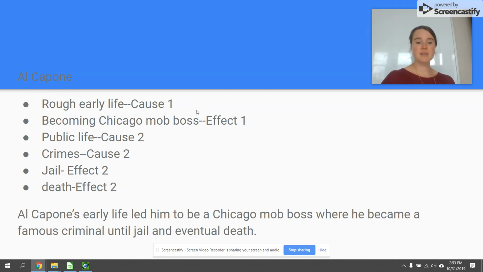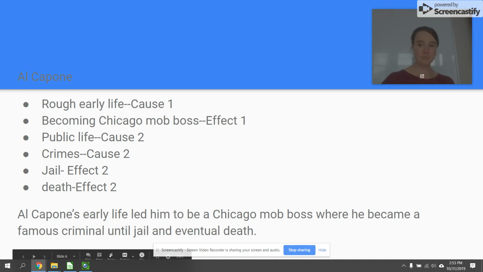So this caused this, but him being a Chicago mob boss also led to him having a very public persona. It led him to commit various crimes, which then eventually led to his jail and his death. So this caused these two things, which caused these two things. Al Capone's early life led him to be a Chicago mob boss, where he became a famous criminal until jailed and eventually death.